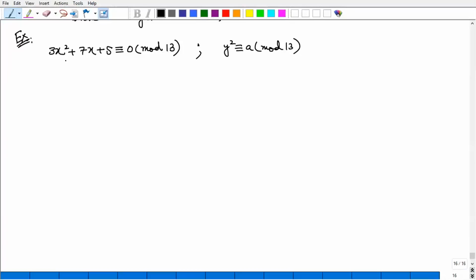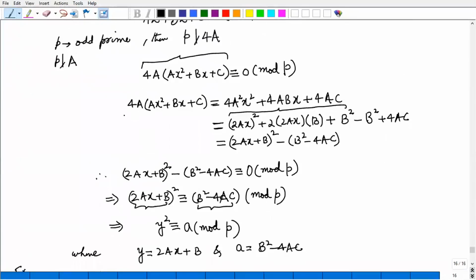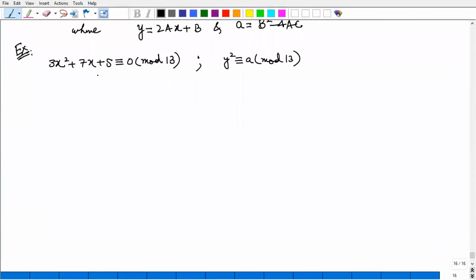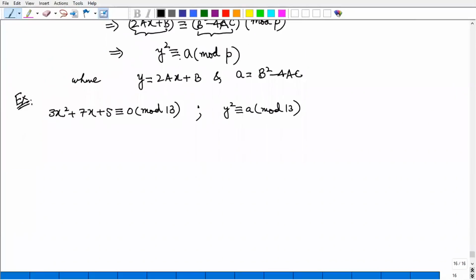So 13 does not divide 3, that's fine. 13 does not divide 4 times 3, which is 12, that's good. And 13 is an odd prime as well. So here A is 3, B is 7, and C is 5.